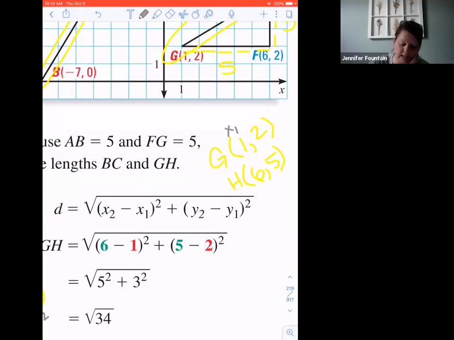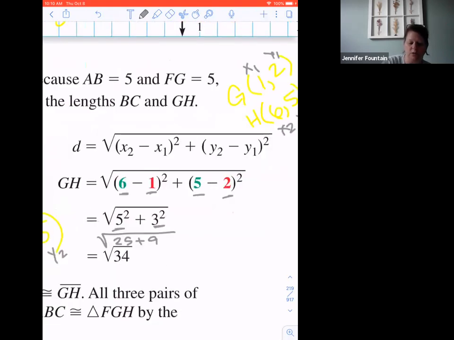They used G as X1, Y1 and H as X2, Y2. So they plugged in 6 for X2, 1 for X1, 5 for Y2, 2 for Y1. 6 minus 1 is 5, so I've got 5 squared. 5 minus 2 is 3, so I have 3 squared. Again, I could put this under here when I'm doing step by step. That'll be 25 plus 9, which also equals 34.